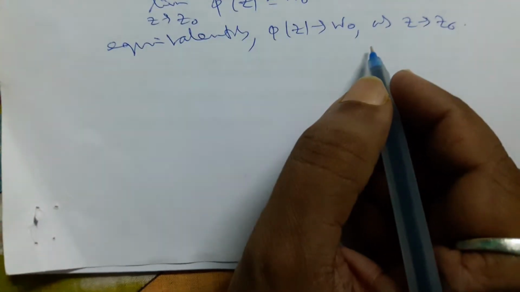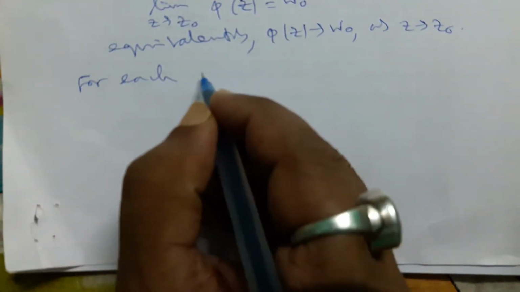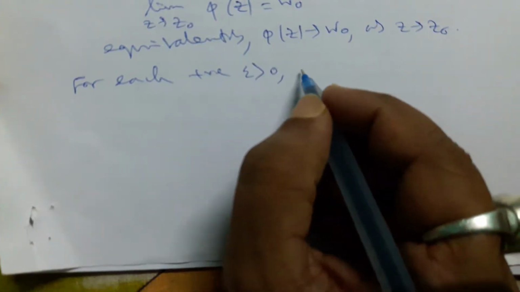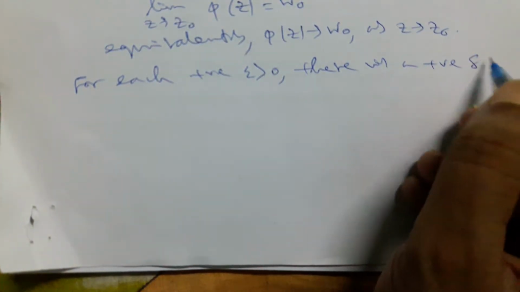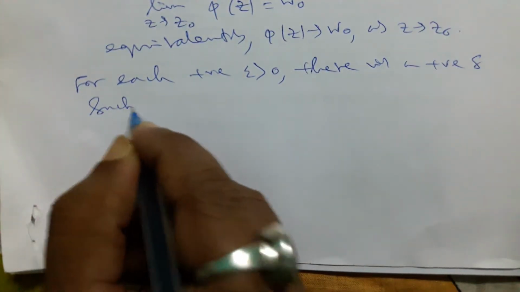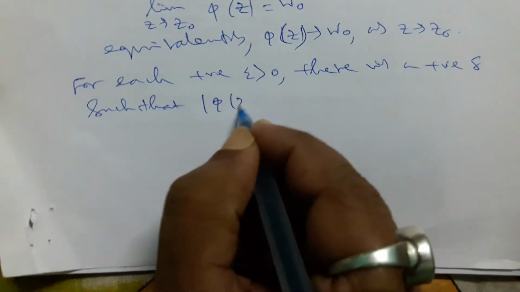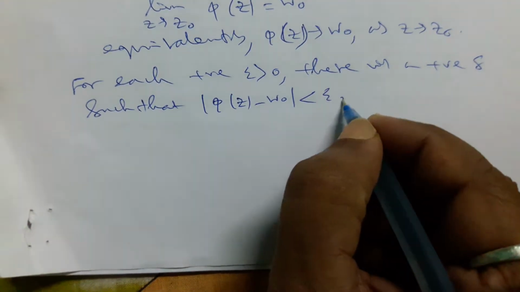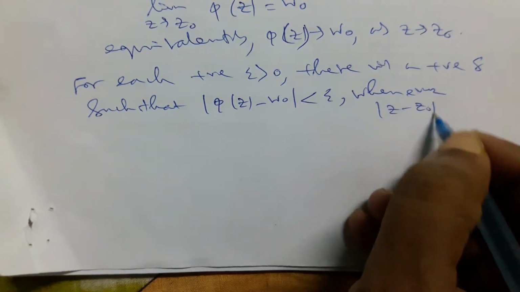That means, if we consider it analytically, for each positive epsilon greater than 0, there is a positive delta such that mod of phi z minus W0 is less than epsilon whenever mod of z minus Z0 is less than delta.